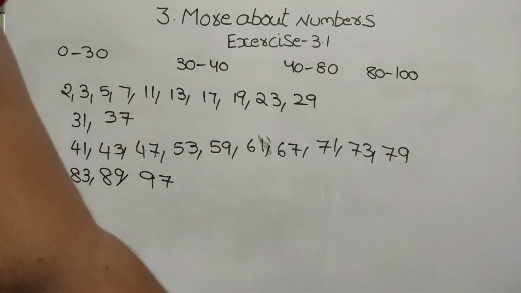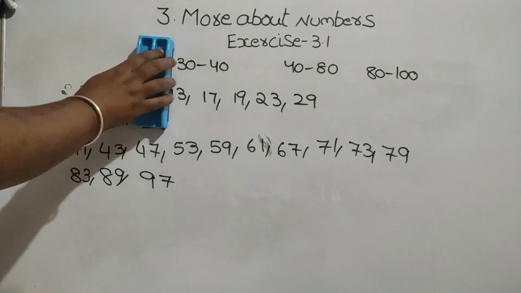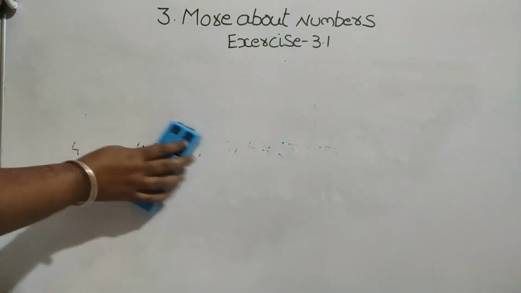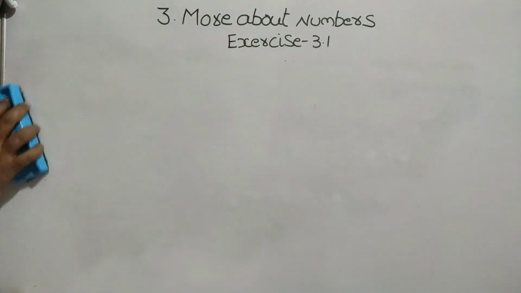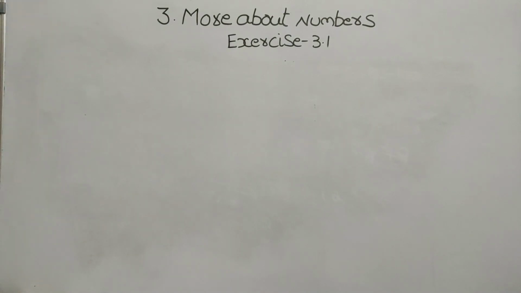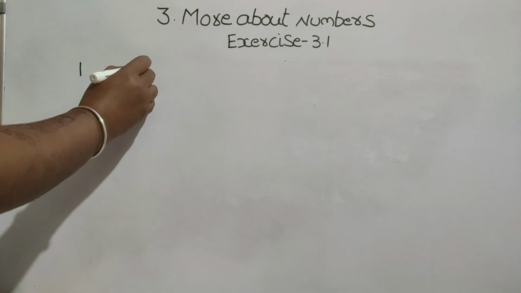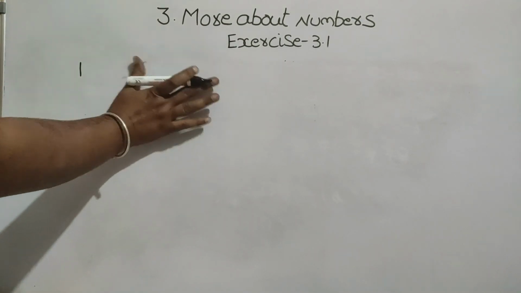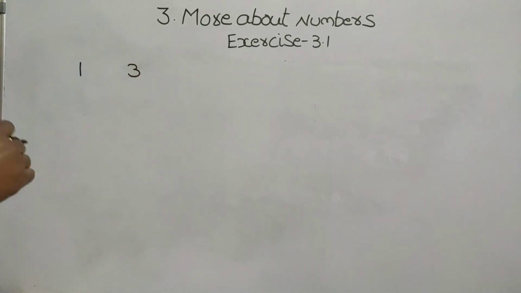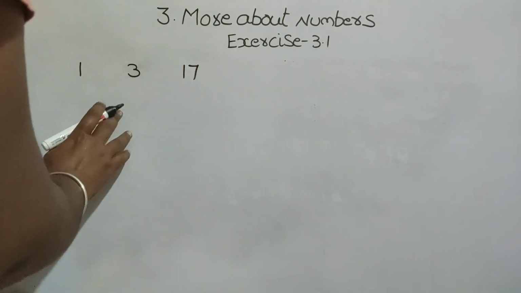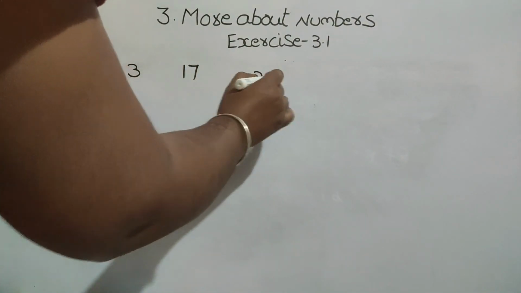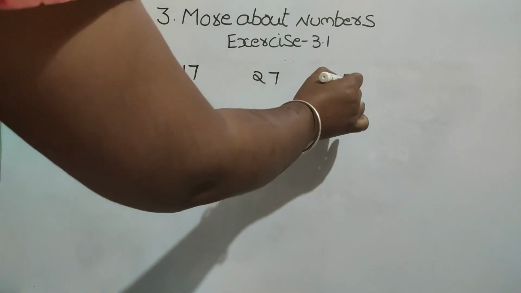Moving on to the next question. Which of the following are prime numbers? 1, 3, 17, 27, 31.